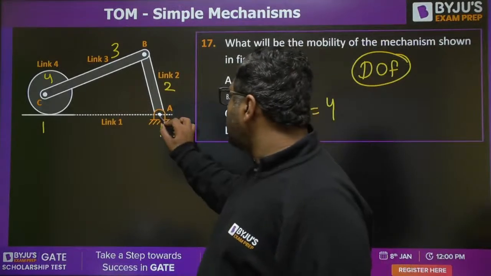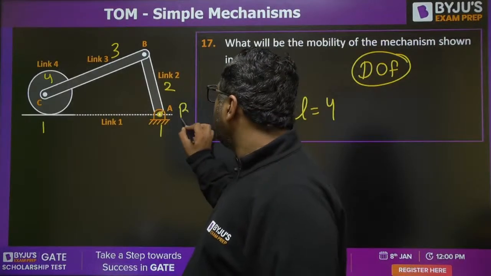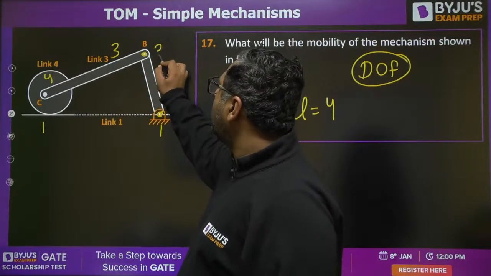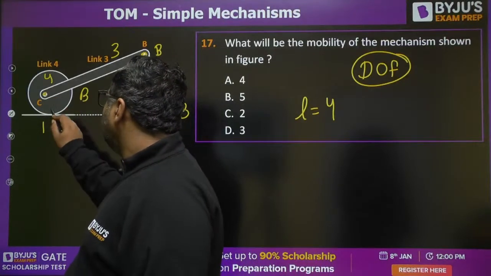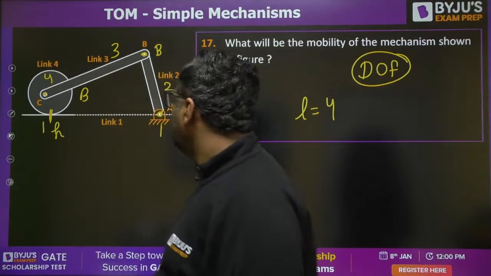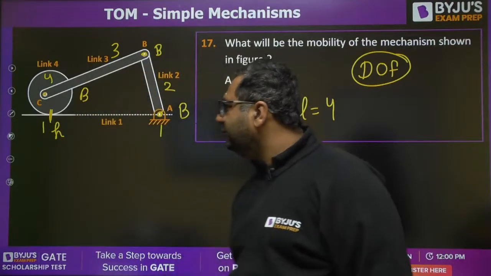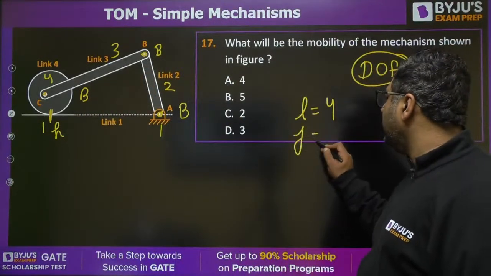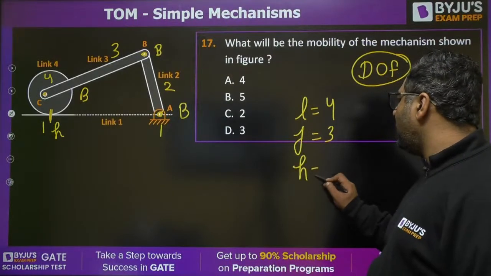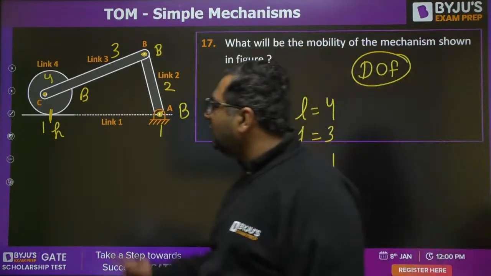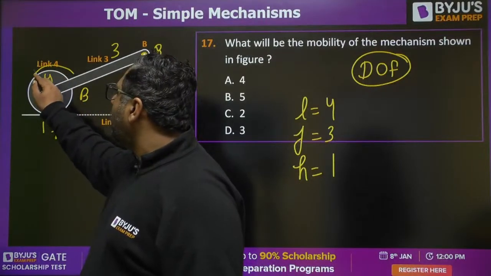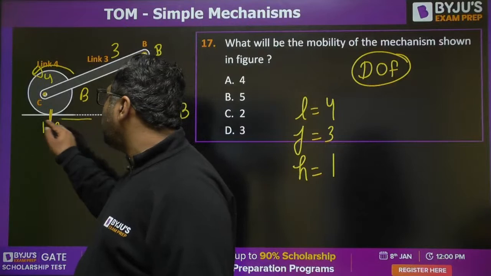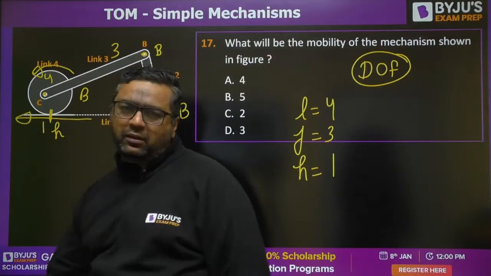If you see, this is a binary joint. This is a binary joint. This is a binary joint and this is a higher pair. So 1, 2, 3. Binary joints are 3. Higher pair is 1. This motion is not redundant motion, because when you would be giving pure rolling motion to this, obviously your mechanism output motion will happen.